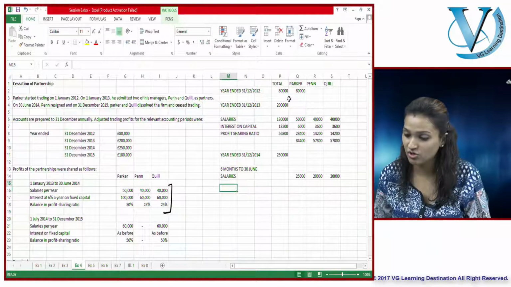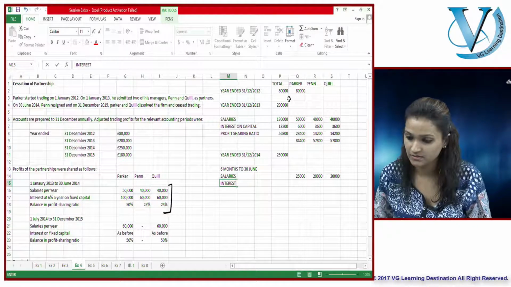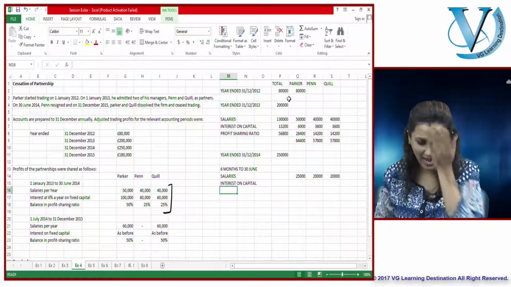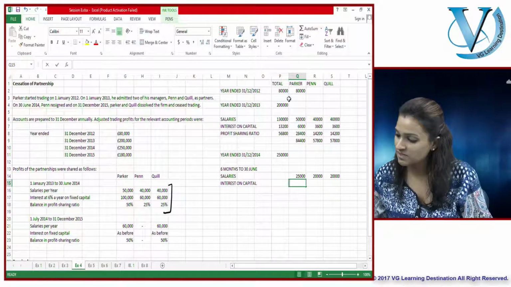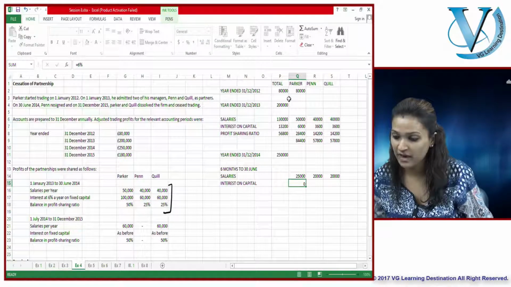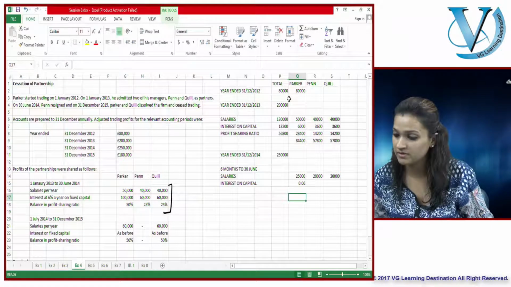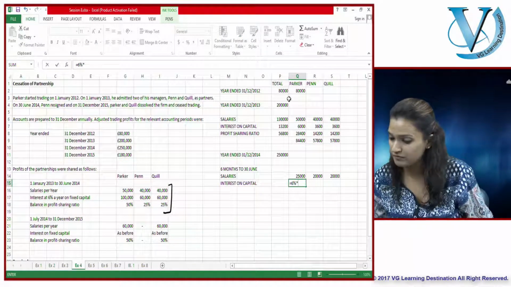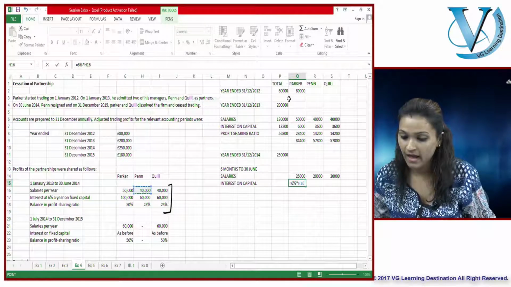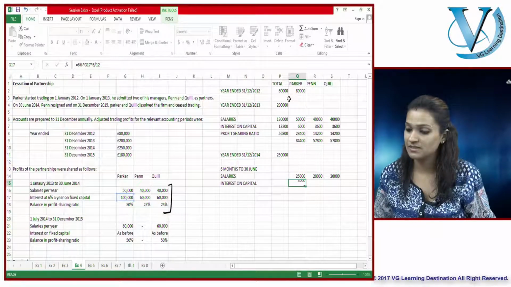Up next, we have interest on capital. The interest on capital is 6% on the capital given, which is 6% of 100,000 pounds, but only for a period of 6 months.